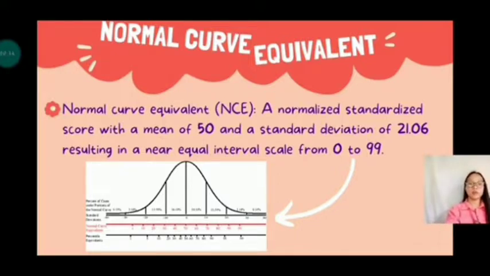The normal curve equivalent, or NCE, was developed by RMC Corporation in 1976 to measure the effectiveness of the Title I program across the United States and is often used to measure gain over time. In a normally distributed population, if all students were to make exactly 1 year of progress after 1 year of instruction, then their normal curve equivalent gain would be 0, even though their raw score, or the number of questions they answered correctly, increased.